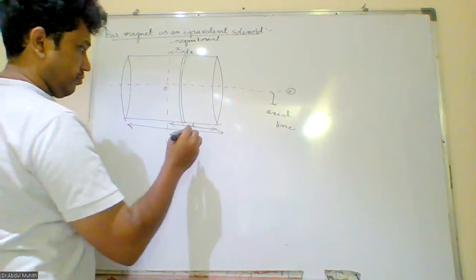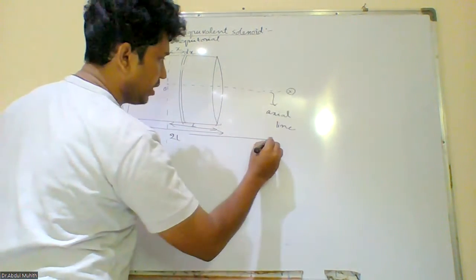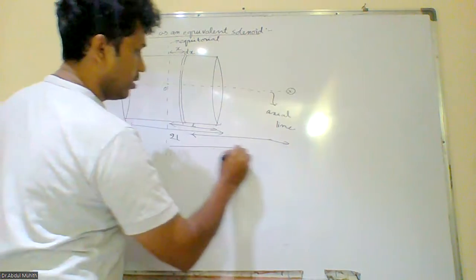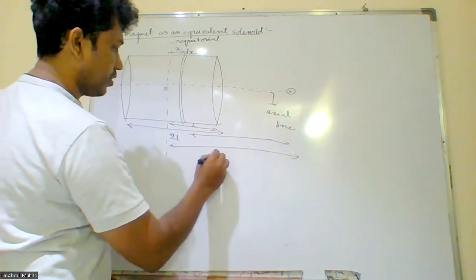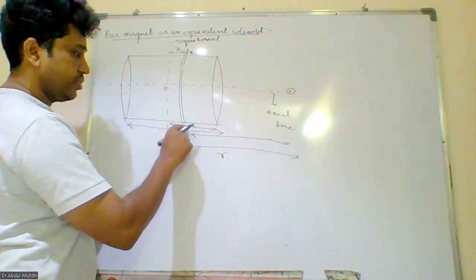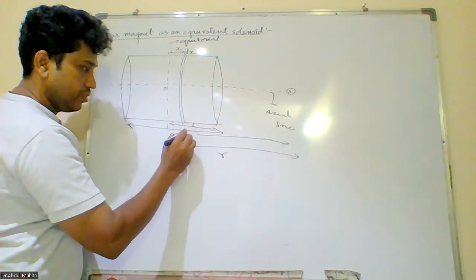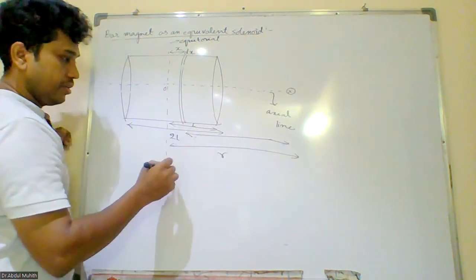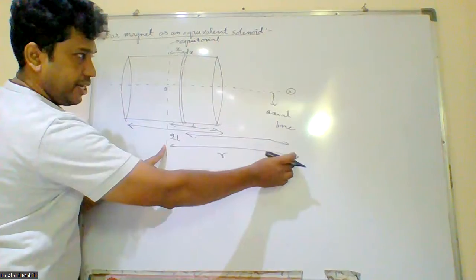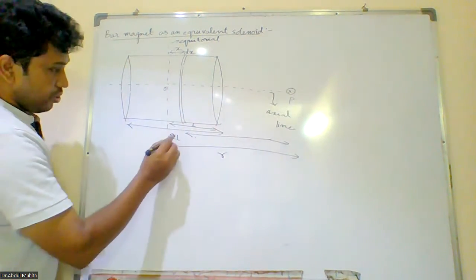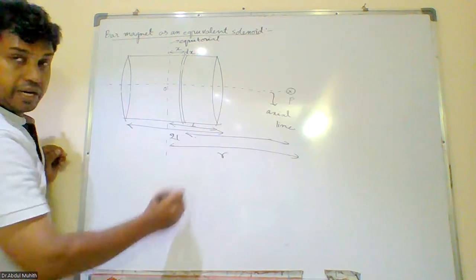Now, from here to this point P, the total length from the center, let it be R. Then from R, you have to remove this x.